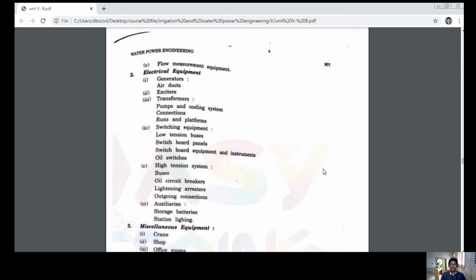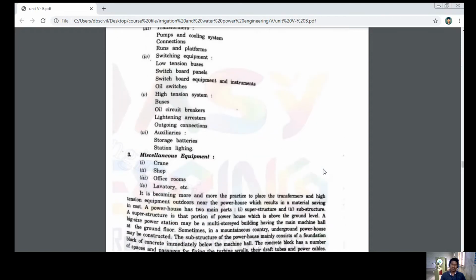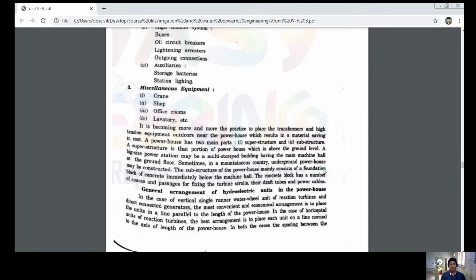Next, auxiliaries: storage batteries, station lighting. And miscellaneous equipment, namely crane, shop, office rooms, lavatory, etc. It is becoming more and more the practice to place the transformer and high tension equipment outdoors near the powerhouse, which results in a material saving in cost.